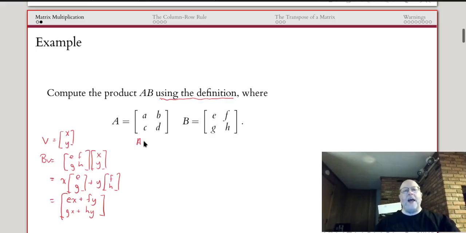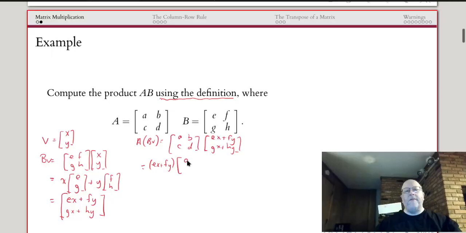And so A times that vector is ABCD times the vector EX plus FY and GX plus HY. And that's the linear combination of the weights EX plus FY and the weight GX plus HY times the vectors AC and BD.